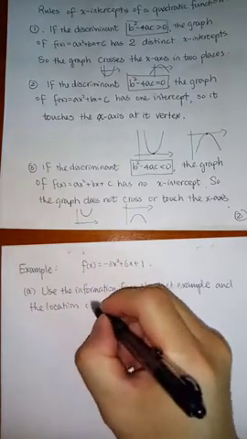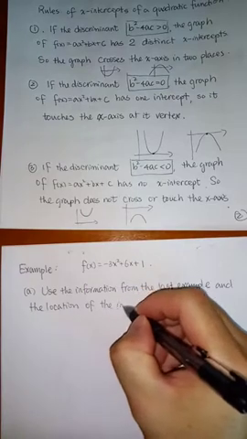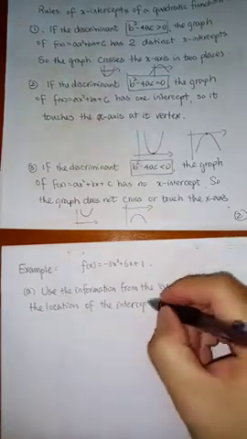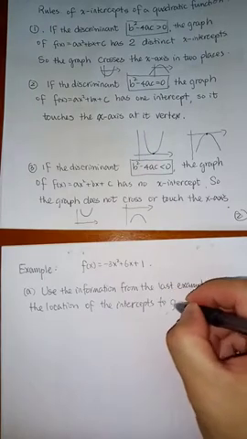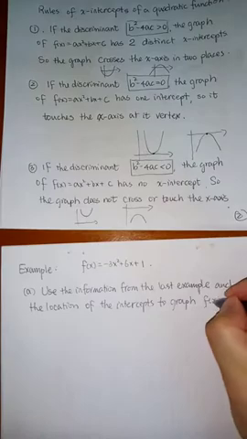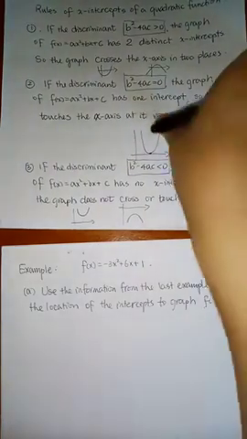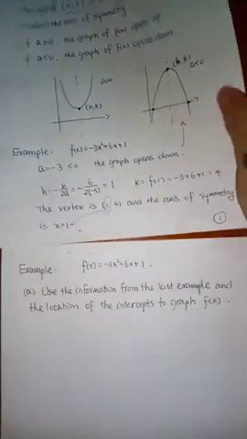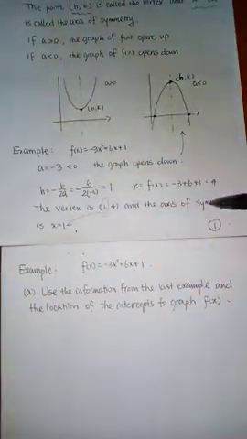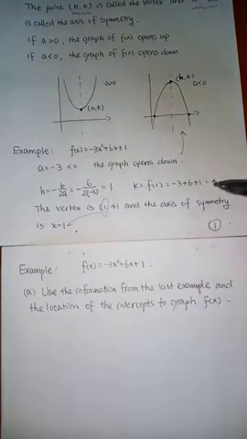So what is the information from the last example? The information is the vertex, axis of symmetry, and opening.